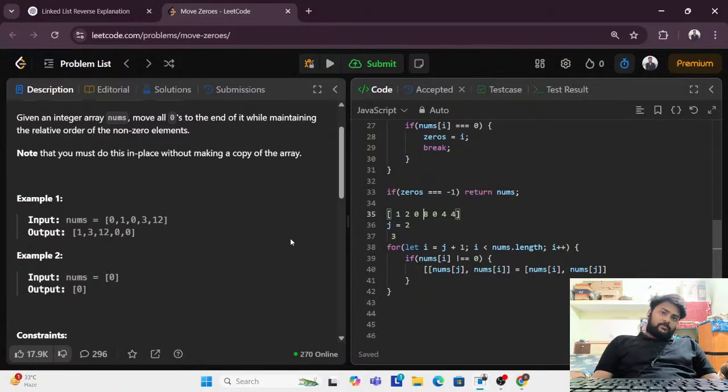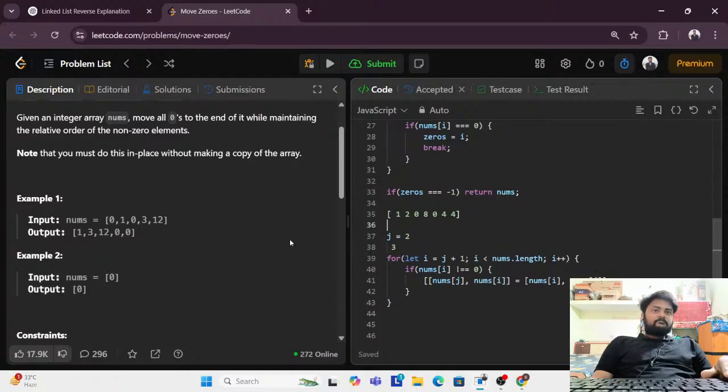If it is not equal to 0, then I will replace the 2 with the 3. Okay, and I replaced it for the first time. For the first time, what will it become? 1, 2, 8, 0, 0, 4.